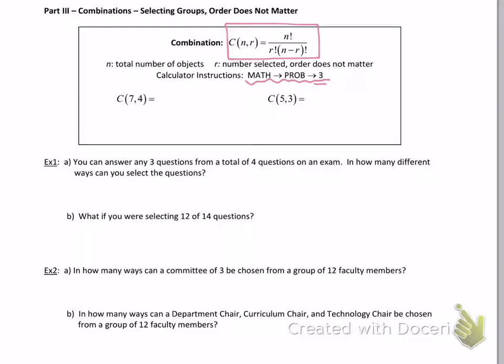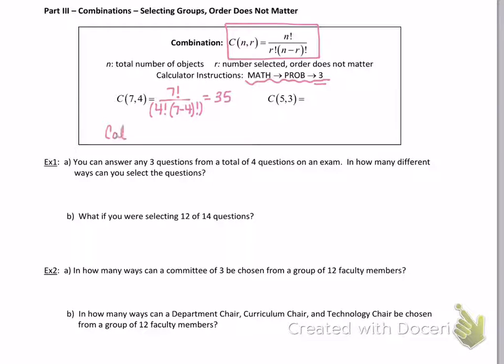So for the first example, 7 choosing 4, we have 7 factorial over 4 factorial times 7 minus 4, which is 3 factorial. If you plug that in your calculator, again, use parentheses for the denominator, you get 35.